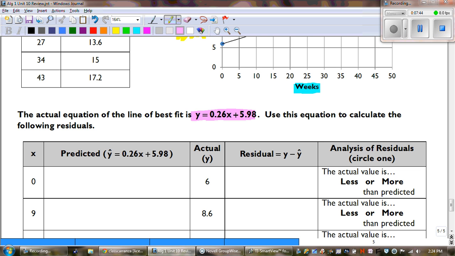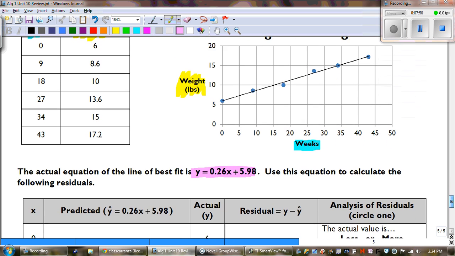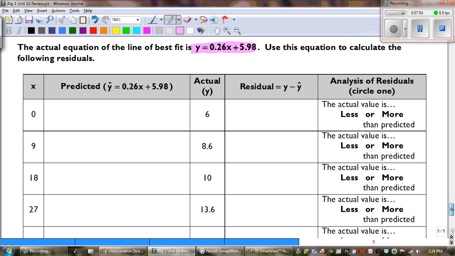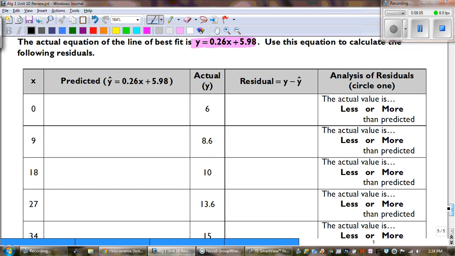Okay, so do you remember what we did when we did this? This was 10.4. So it tells us all the actual information in the top left, but we want to find out what the predicted values are, which means we're going to plug it in to that equation. So let's just go up so we can see it. We'll do two of these together.